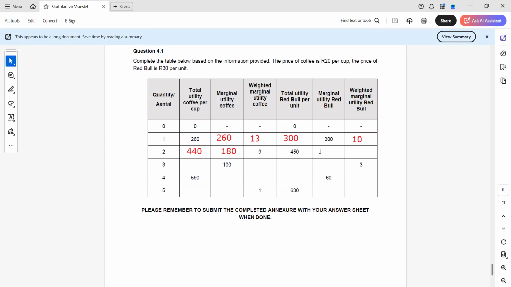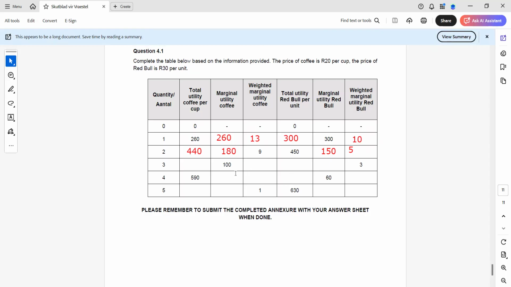So if you say 450 minus 300, you get 150. And then to get your weighted marginal utility, you say marginal utility divided by the price. Your marginal utility here is 150 and the price is 30, so 150 divided by 30, and you get your weighted marginal utility, which is 5, right?